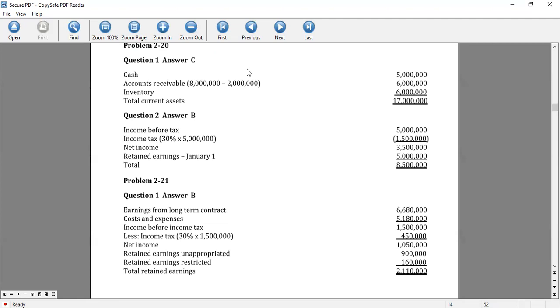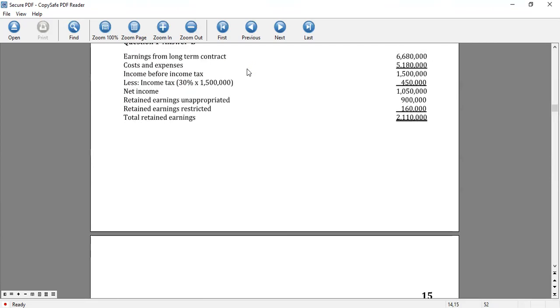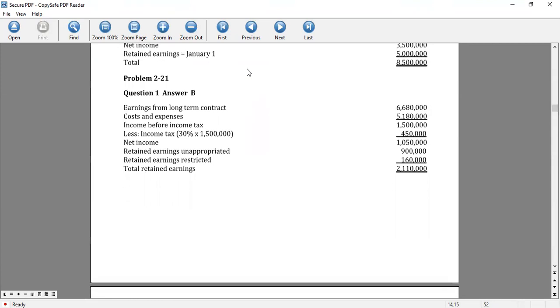So in problem 2-21, question number 1, how about the total of the retained earnings? Here we are given the earnings from a long-term contract of 6,680,000 involving cost of 5,180,000.